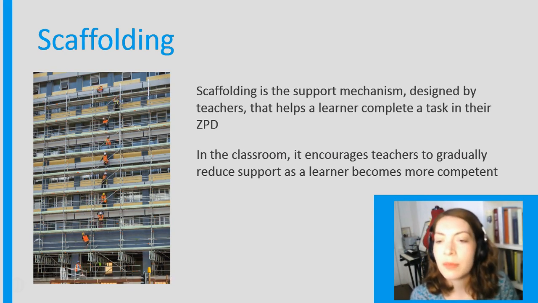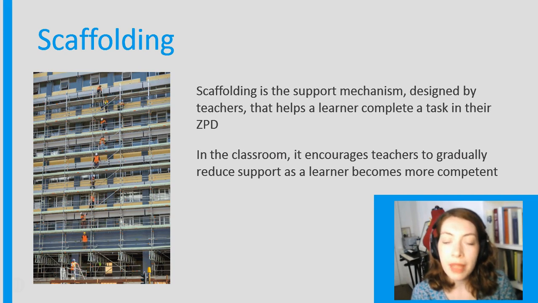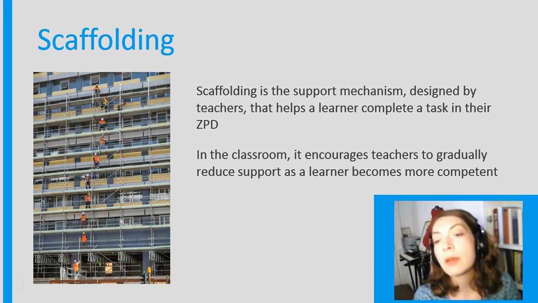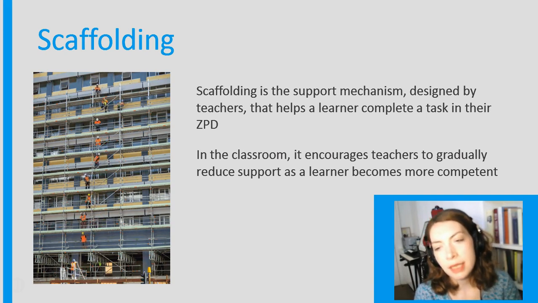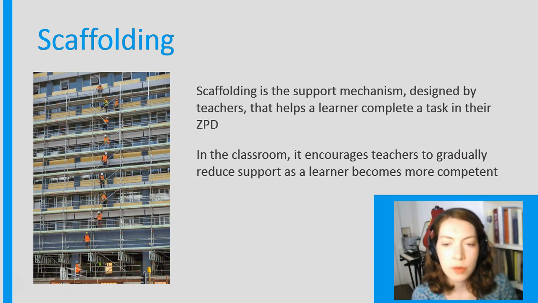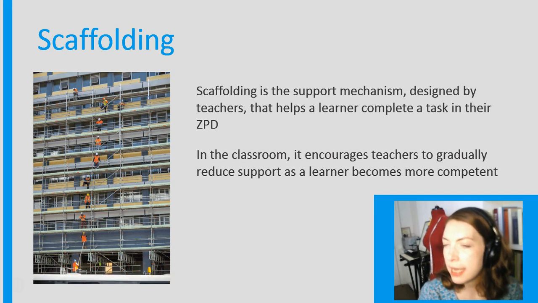But this applies to the classroom in exactly the same way, and to broader curriculum design actually. So in the classroom, it encourages teachers to gradually reduce support as your students become more competent and more confident, and it encourages us to build in group activities, peer support, and in curriculum design we can think of scaffolding as we design learning outcomes across the year.